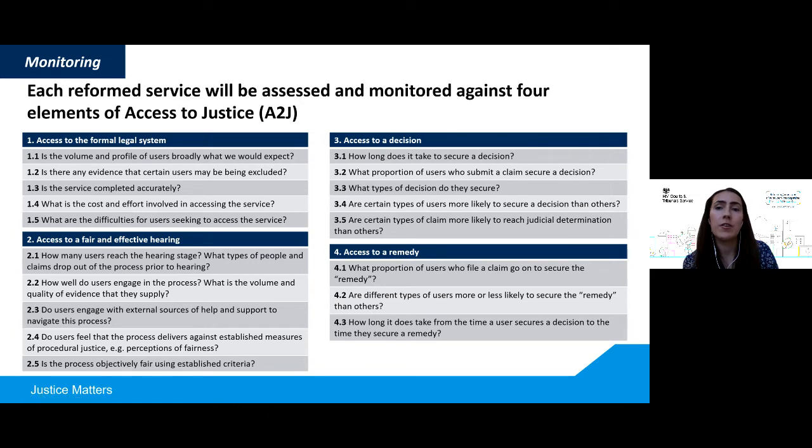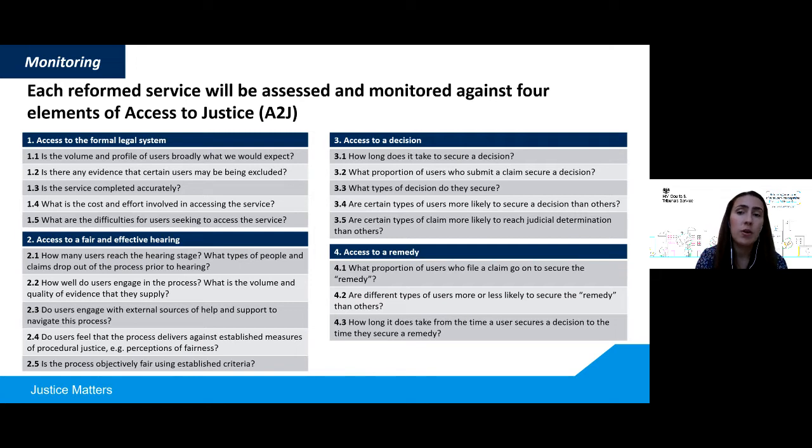So Gul and Shreya have talked through the research and strategy to reduce and design access to justice barriers out of the service. The Insight team, which I sit in, are now developing an approach to assess and monitor potential access to justice barriers in the reformed services, so we can identify ways to improve access to justice in our services.